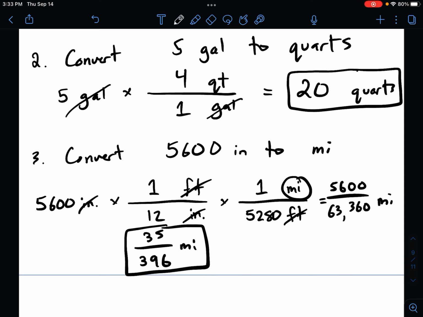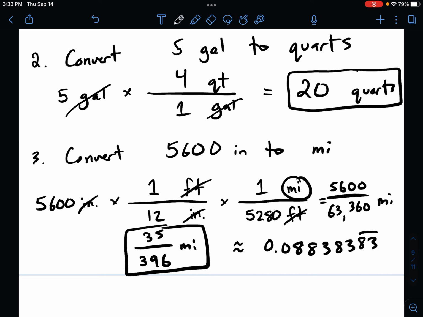If we want that approximated, maybe they ask you to round to the nearest 10th or 100th or whatever it is. If you take this number and turn it into a decimal, this is approximately 0.0883833, and it kind of goes on forever with that pattern. All right.